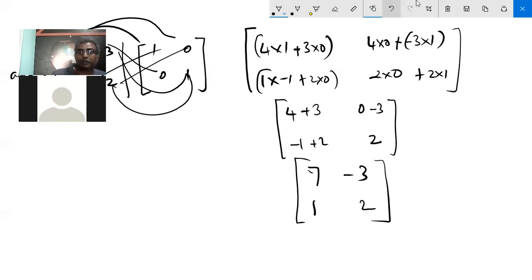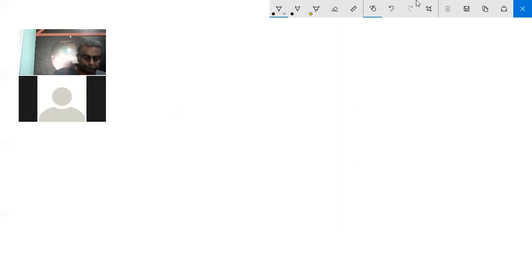I'm sorry, this is not what I was trying to say. Okay, adjoint of I. இதோடைய adjoint வந்து 1 உடைய minor வந்து 1.